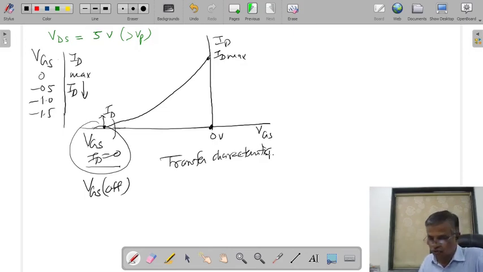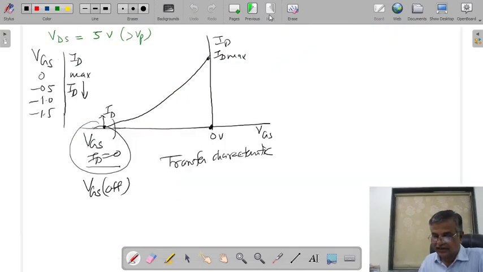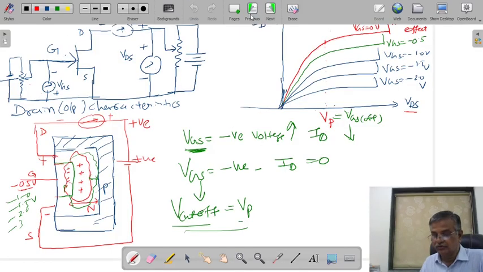So we have seen the two characteristics. One is called output characteristics, second is called transfer characteristics. Both are very useful to calculate the parameters of field effect transistors.